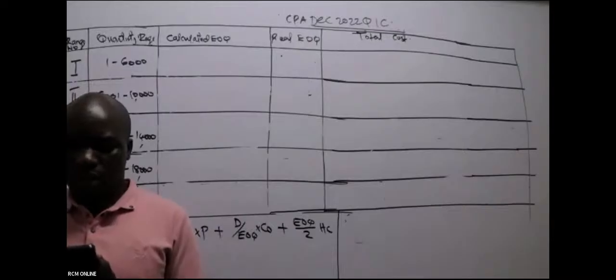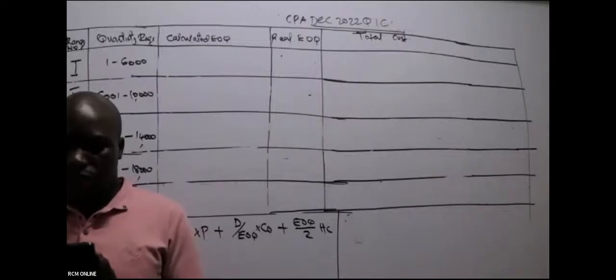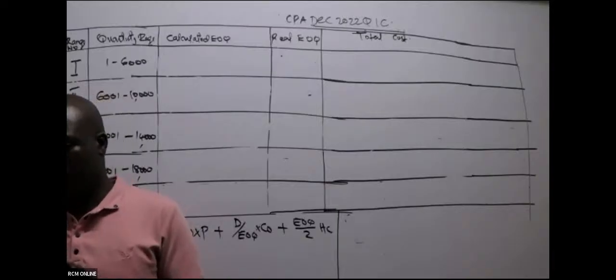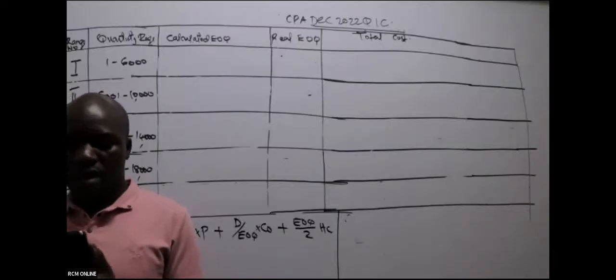The company's cost accountant has presented the following quantity ranges and respective price of the component, which he believes will result in a cost saving to the company. So we have the quantity and purchase price per unit.